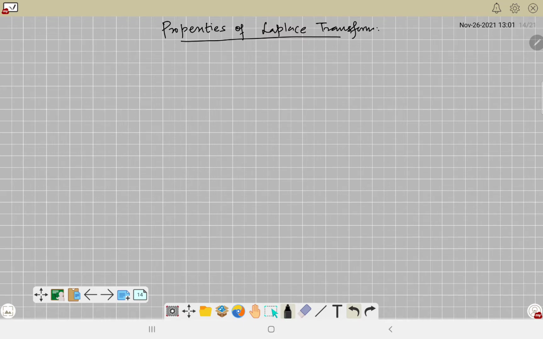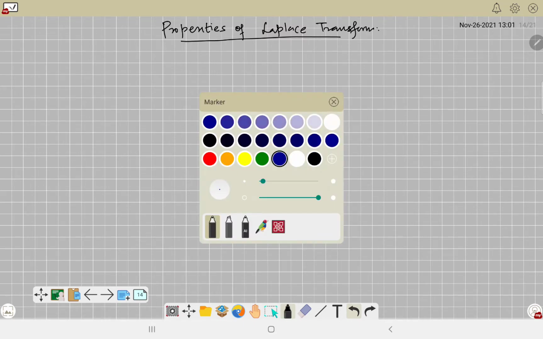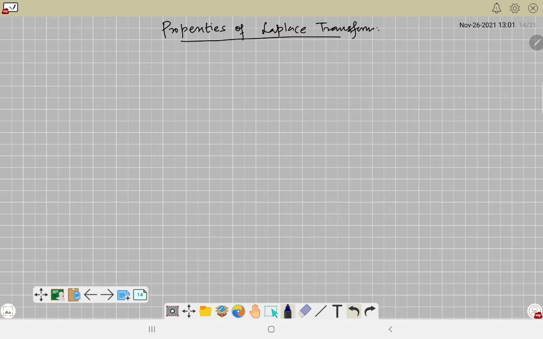So, okay, first property again, it's a property of linearity, and just like Fourier transform, Laplace transform also satisfies the linearity property. That is to say that if I have a signal x1(t), it has a Laplace transform of, let's say, X1(s) with region of convergence, say R1.